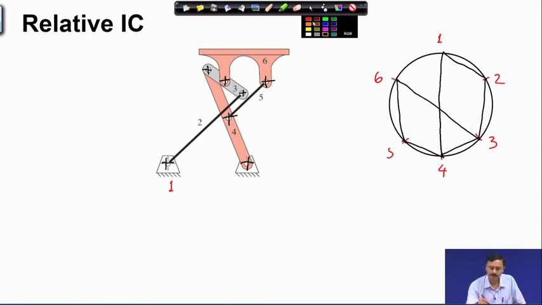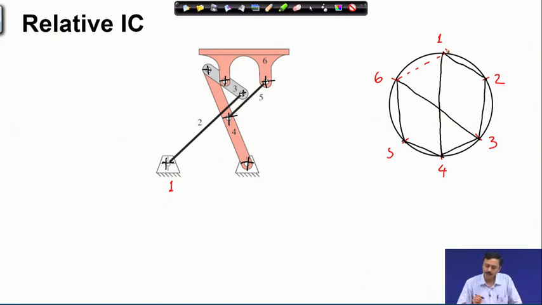I am asking this question whether I can find out I 1 6. Now, you will find that there are no two independent paths between 1 and 6. So, I must have a path, I define a path as one in which there are 3 rigid bodies, because then only I can apply the Aronhold-Kennedy theorem.